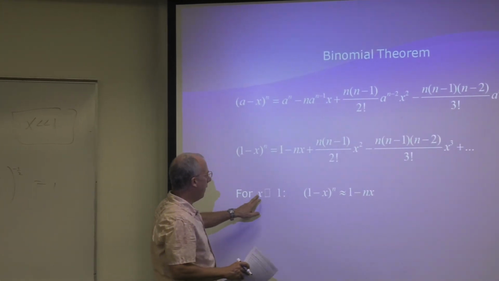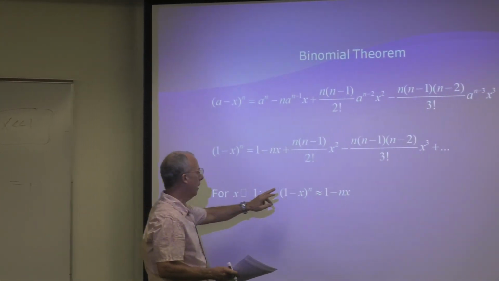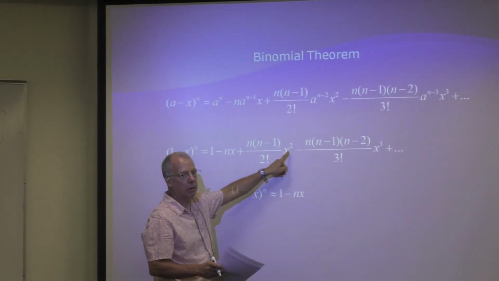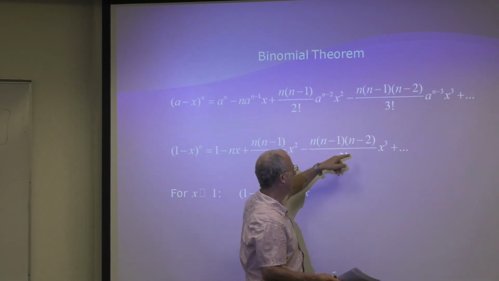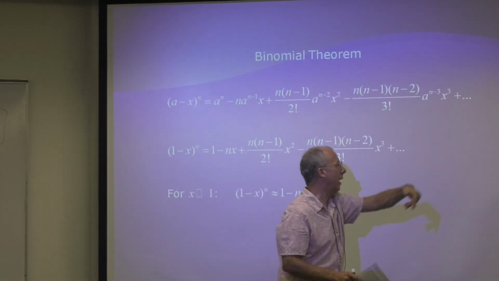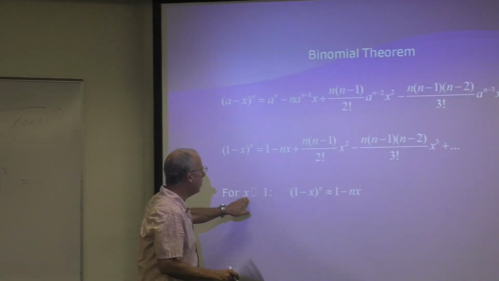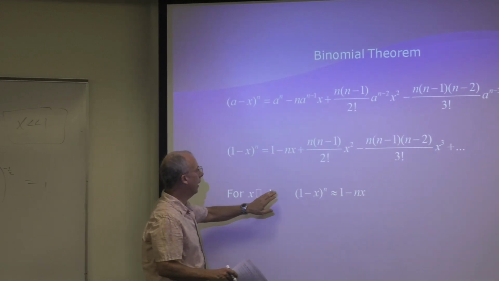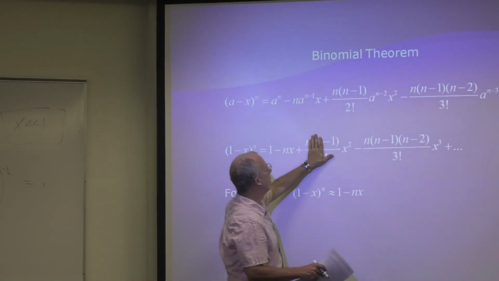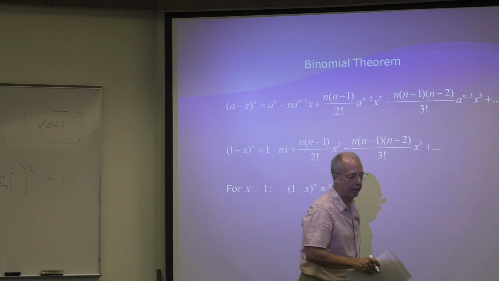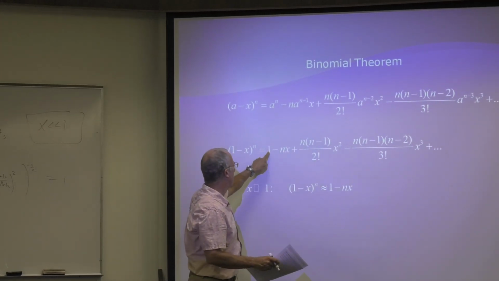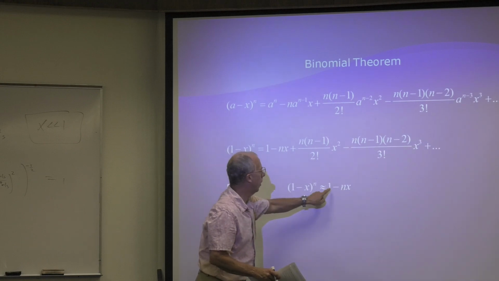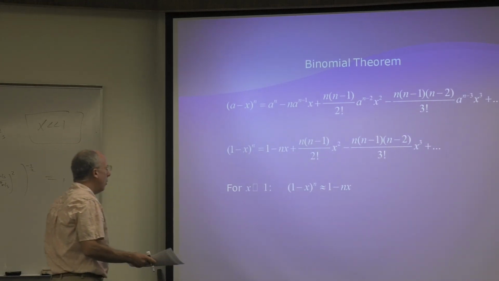If x is super small compared to 1, what's x squared going to be? Super small, so just ignore it. How about x cubed? Super small, and all the rest. So you can just ignore all these, and it will be just fine. So you just have 1 minus nx. Okay, cool.